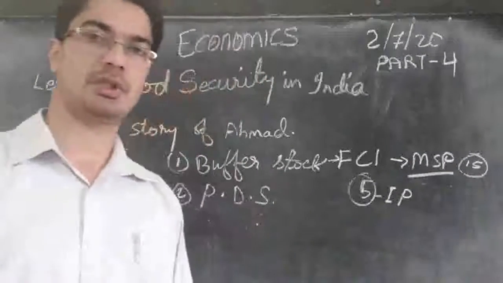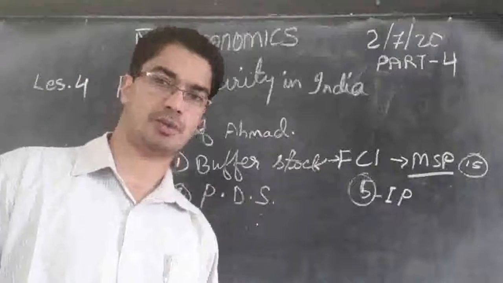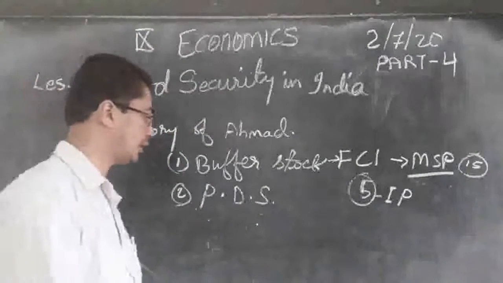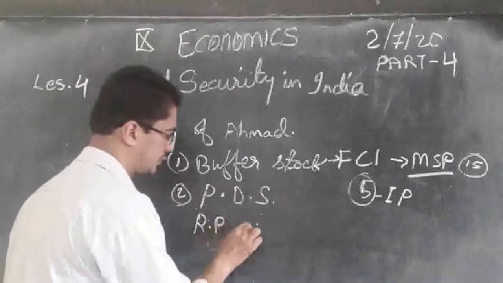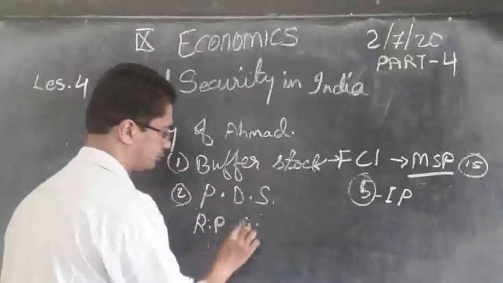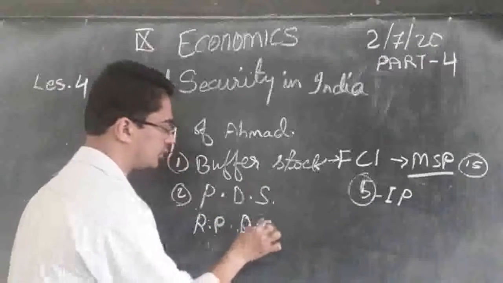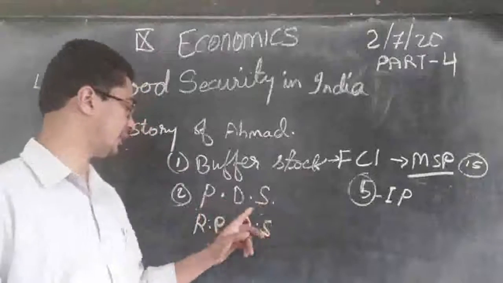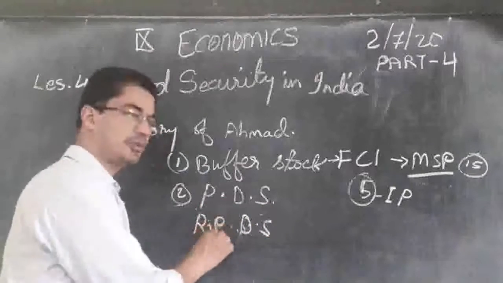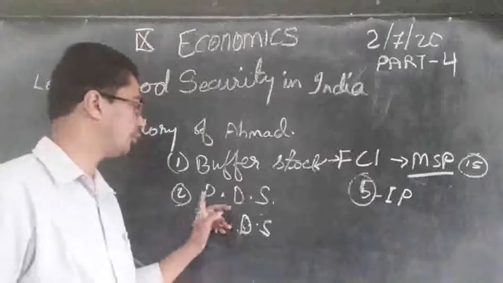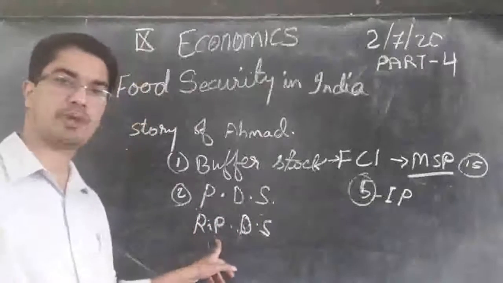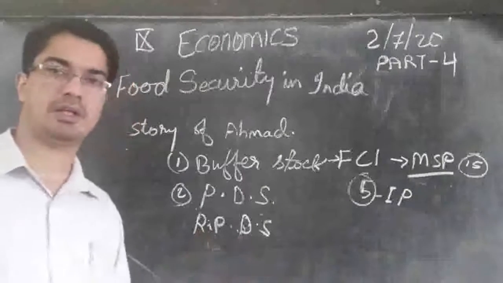So afterwards, the government revamped or changed it. Earlier it was PDS, then the government revamped. Revamped means change. The government changed some of the rules of this PDS and made it a new program called RPDS.